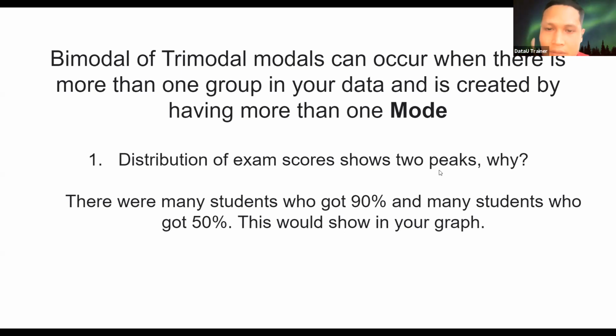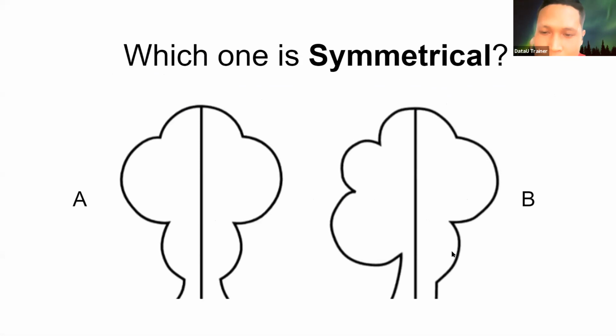I'm going to move on a bit and talk about, here's a question: what is symmetrical, A or B? A. A, and how do you know it's symmetrical? It shows exactly right in the middle of the object. All right, yes.